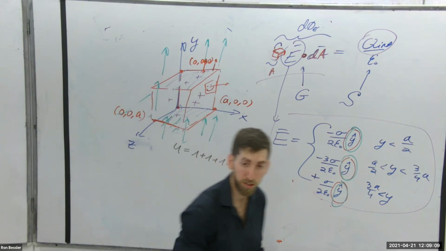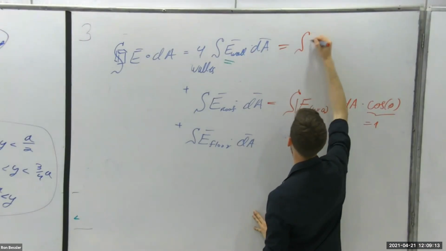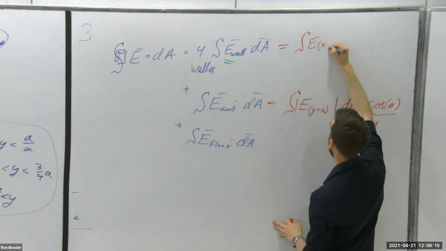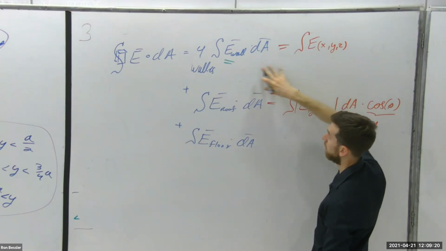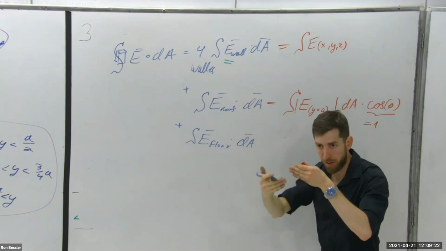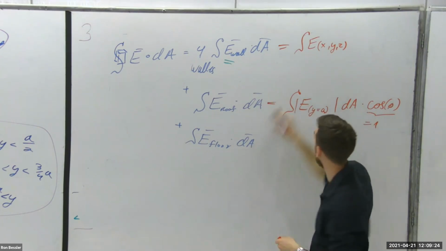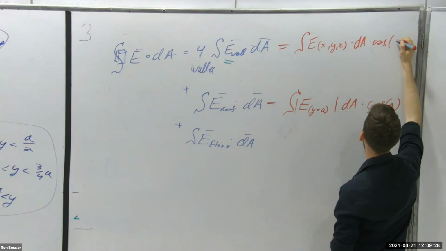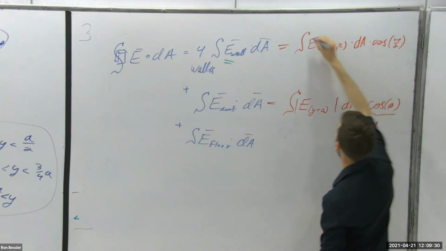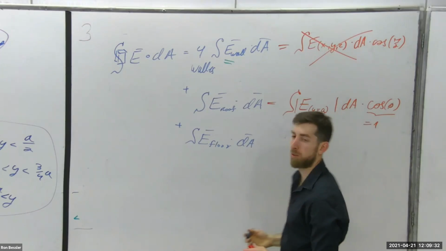Let's go back to the board. So this one is actually the integral of E at many places. Crazy places. Okay? Think about the wall. On the wall, you have X, Y, and Z, different locations. dA, cosine, pi over 2. Dying out. We don't need it.